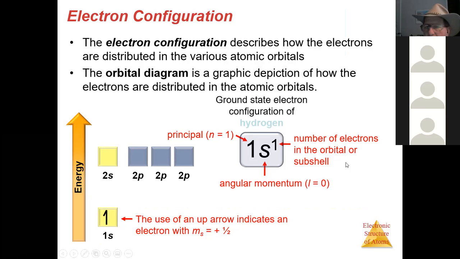The S stands for the angular momentum. S gets translated to an L value of 0. And the superscript up on top stands for the number of electrons in that orbital or subshell. I'll get into orbital diagrams a little bit later, but we're going to start with electron configurations.